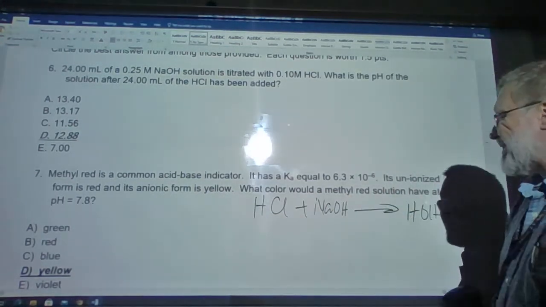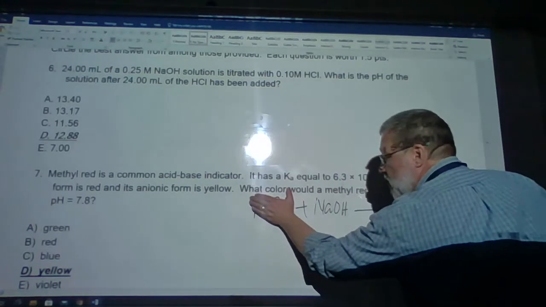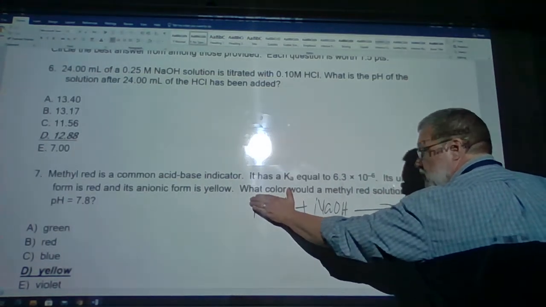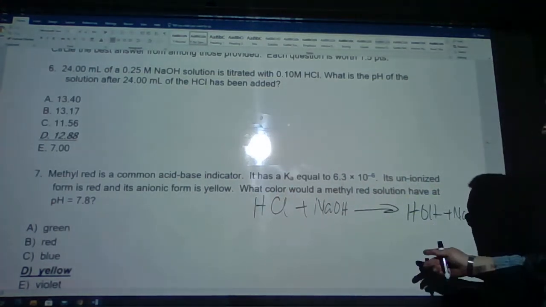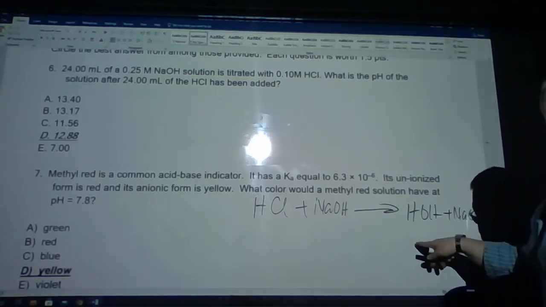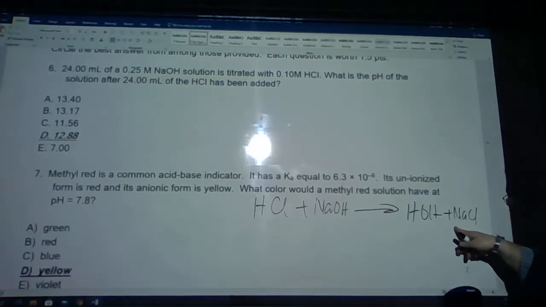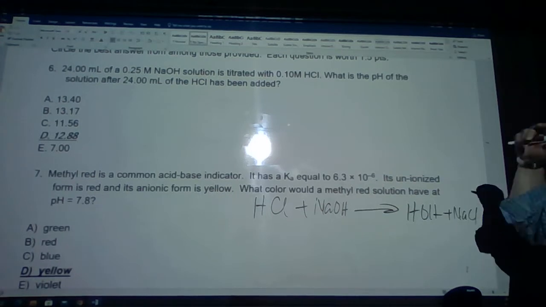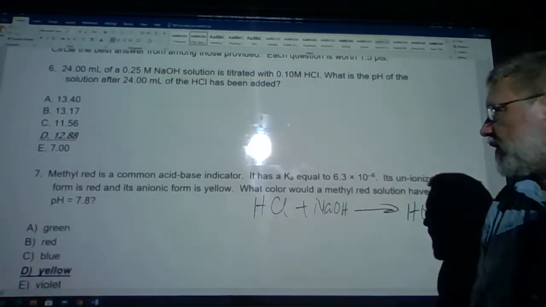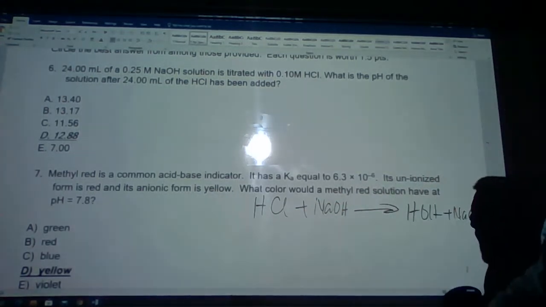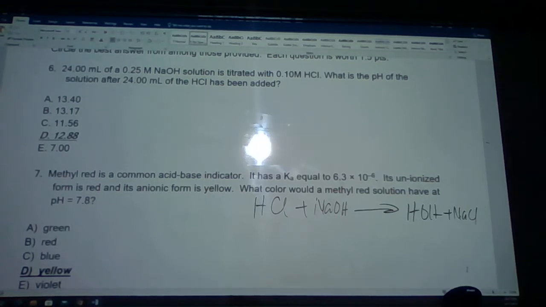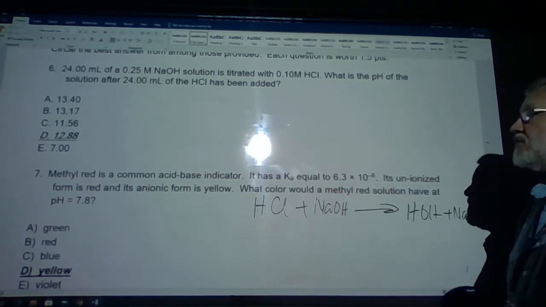If we've added excess NaOH, all your source of H plus has been consumed. When sodium hydroxide is present in water, all you have left that determines the pH is the OH minus ion. So what we need to do is figure out how many moles of HCl and how many moles of sodium hydroxide we have.